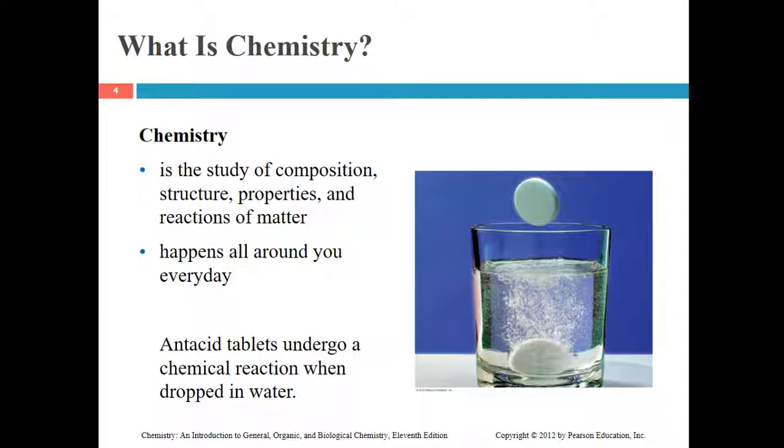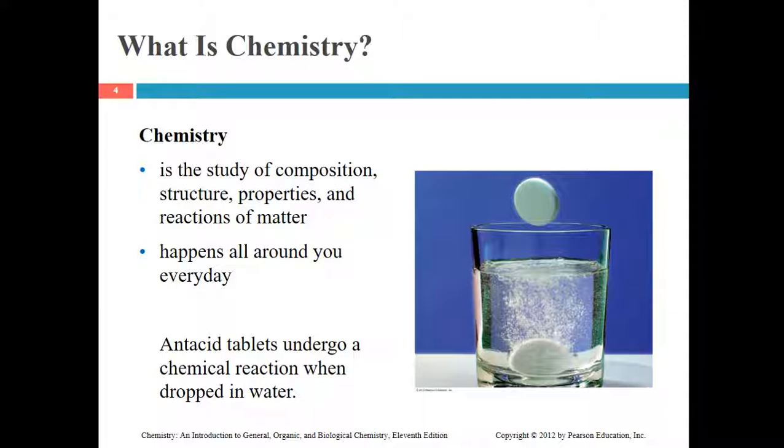And yes, it does happen around you every day. Here we have plop, plop, fizz, fizz, as we throw the antacid tablets in our water and a chemical reaction is going on. Those bubbles that are produced are the CO2, the carbon dioxide bubbles, being given off.